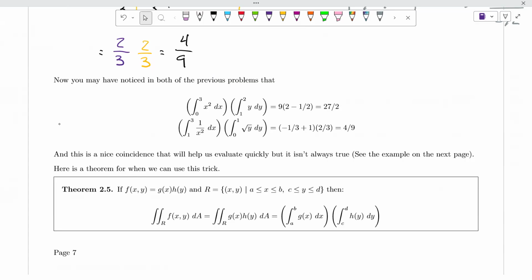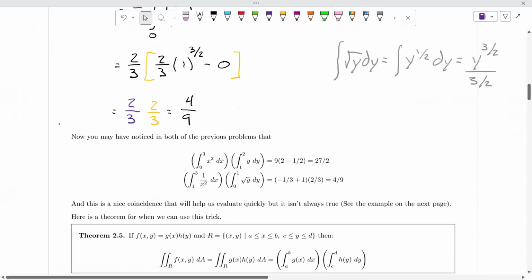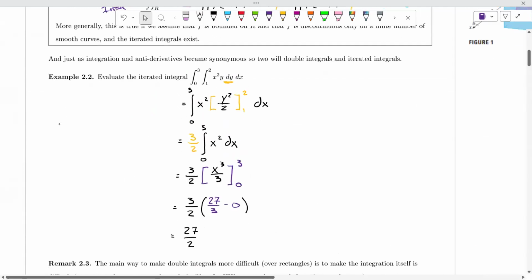Similarly, I want to talk about the first problem again. If I just did the integral of x squared from 0 to 3 and the integral of y from 1 to 2, I get 9 times 2 minus a half, as my two independent integrals. I'll look back up here at this.